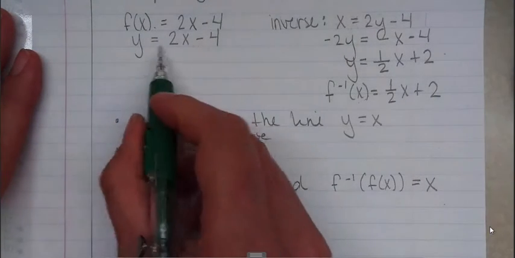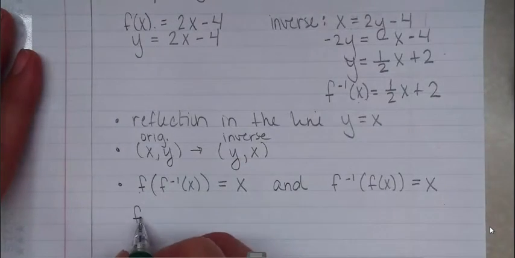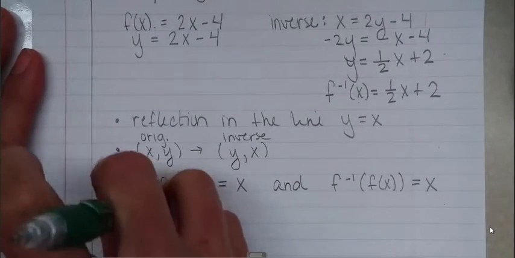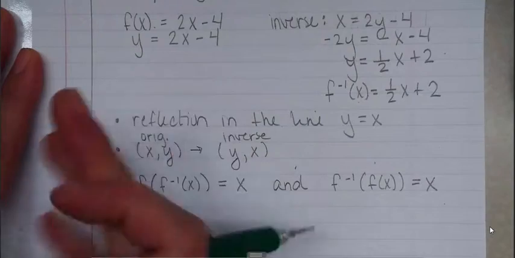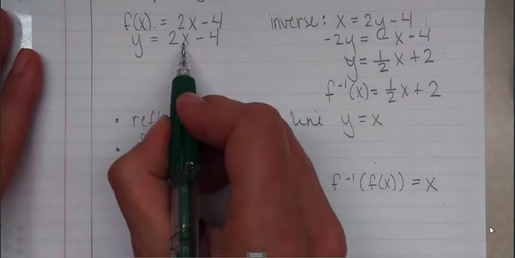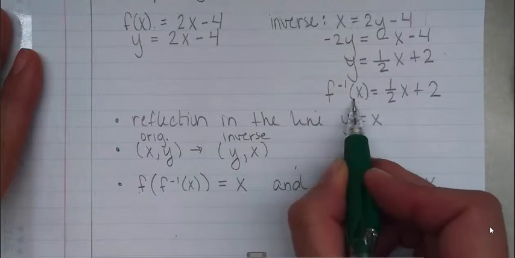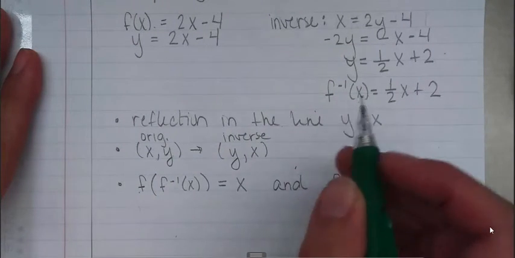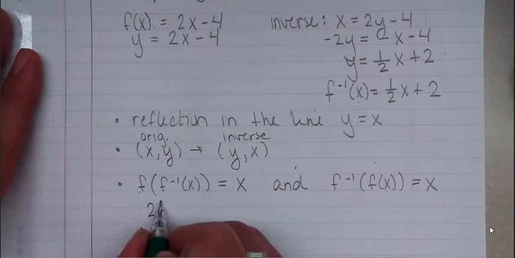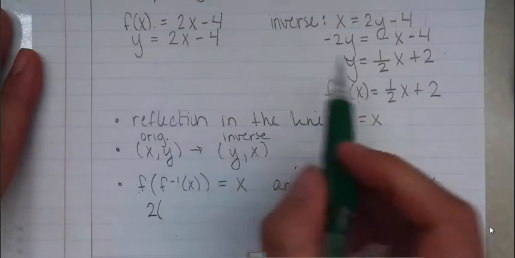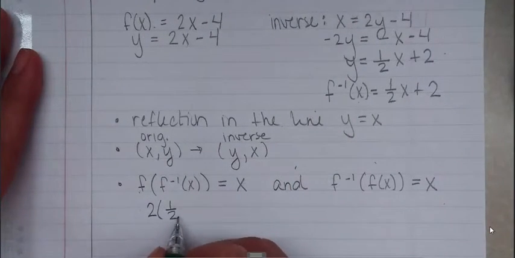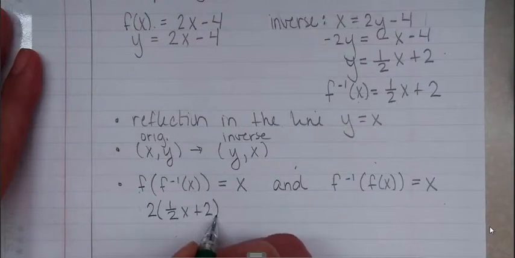Starting with the original function, wherever I see an x, I'm going to plug in the inverse function. So I will take 2, and instead of having x there, I'm going to plug in 1/2 x plus 2.